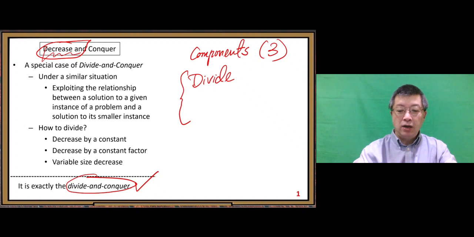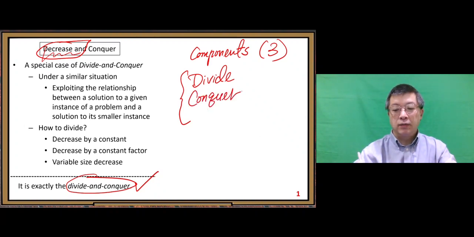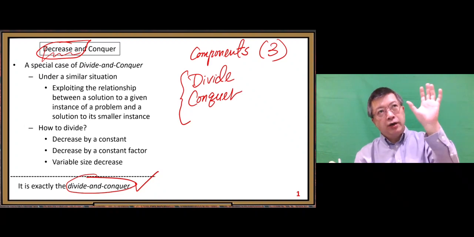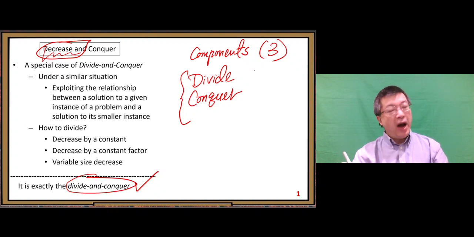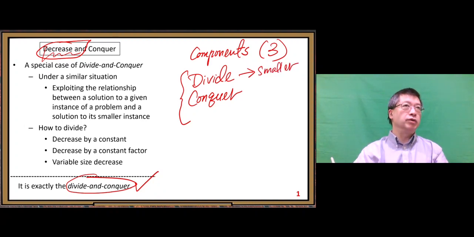Second component, conquer. That's very natural. Divide and conquer. Conquer what? When you do divide, you split the original problem into smaller problems, right? So you may have several smaller problems.